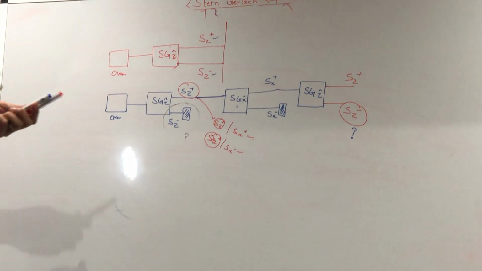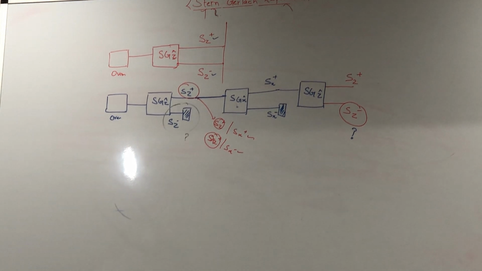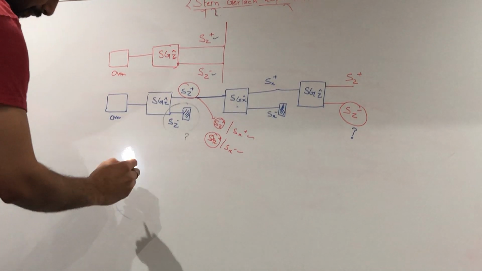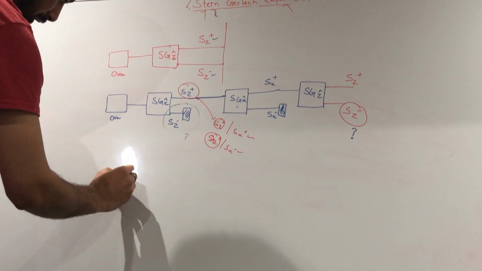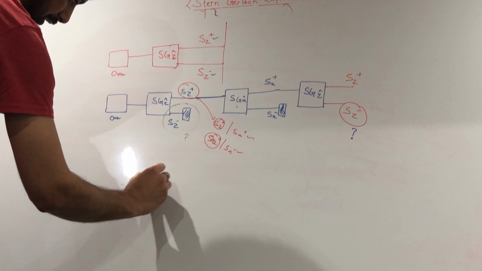This is quite similar to when I use a polarizer. For example, I use polarized light and pass it through an X filter.